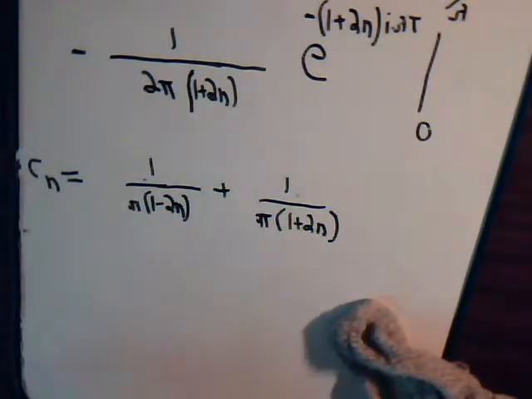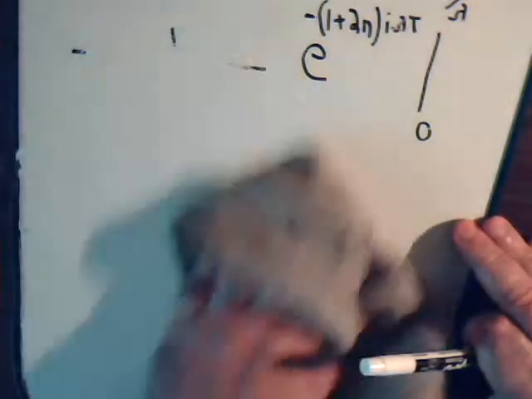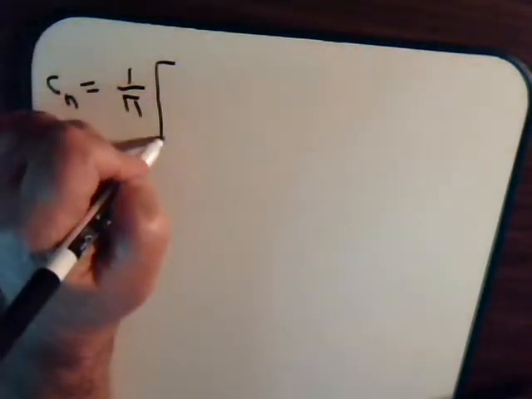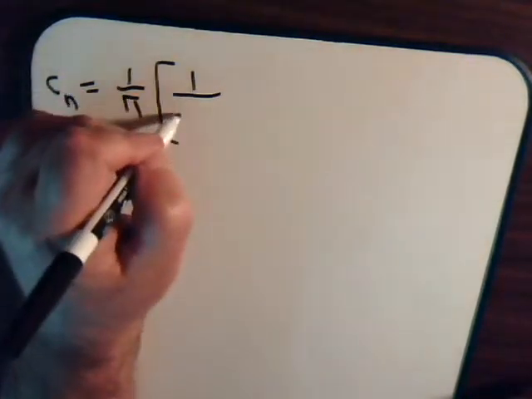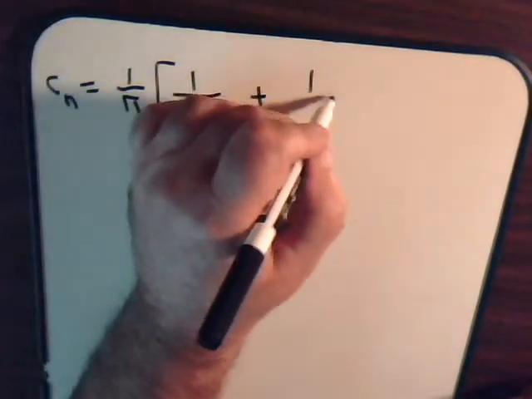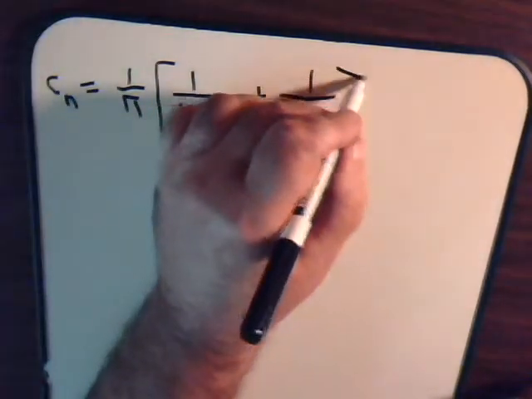And we can factor out a 1 over pi from each one of these. So let's do that. We have C sub n equals 1 over pi times 1 over 1 minus 2n plus 1 over 1 plus 2n.